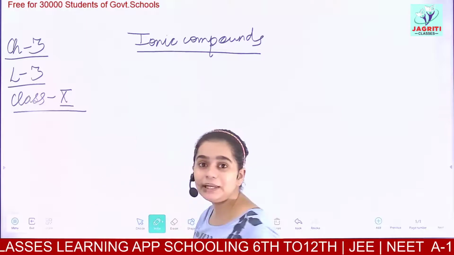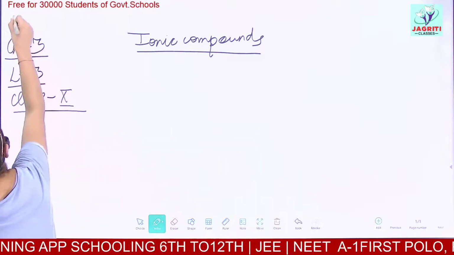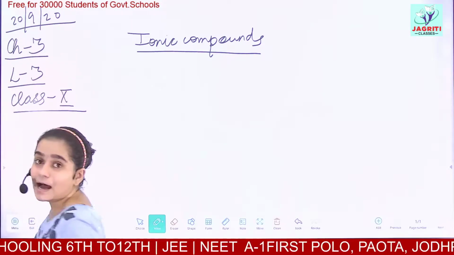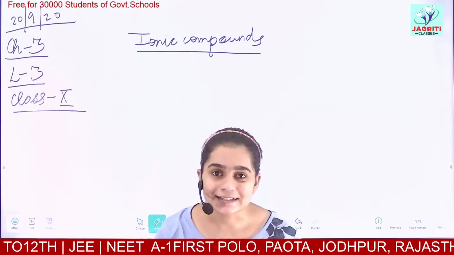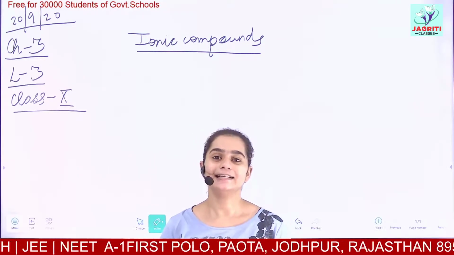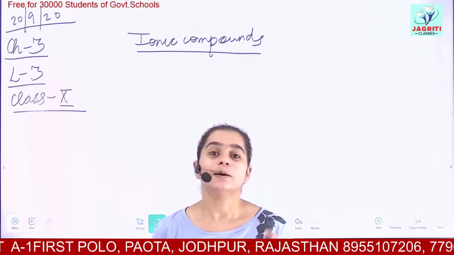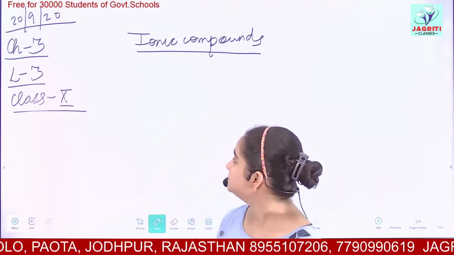So what do you mean by ionic compounds? Can anyone of you tell what do you mean by ionic compounds? Ionic compounds are formed by the combination of ions. And what are ions? Ions are positively or negatively charged chemical species.